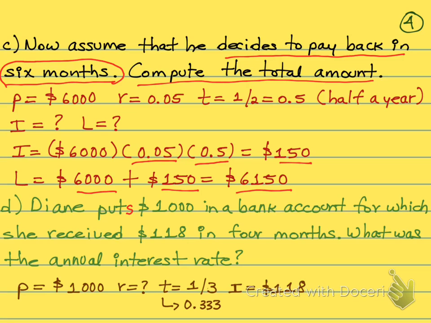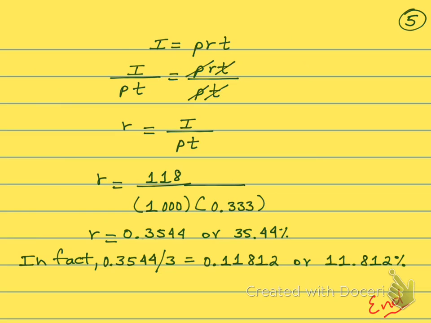R is unknown. The problem is asking for the interest rate. T is equal to 1 over 3 because the year has 3 periods of 4 months. So 4 times 3 is equal to 12. And I is equal to 118. And the problem is asking you to find the interest rate.